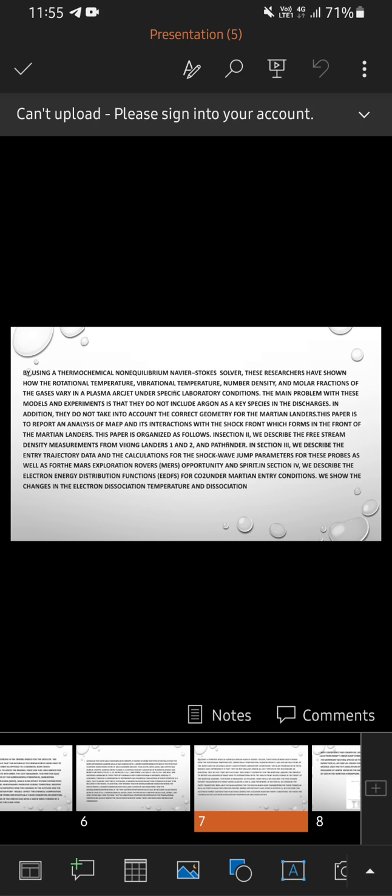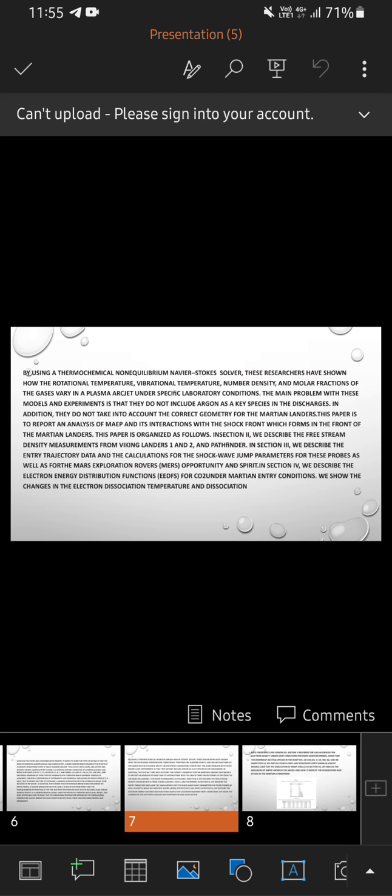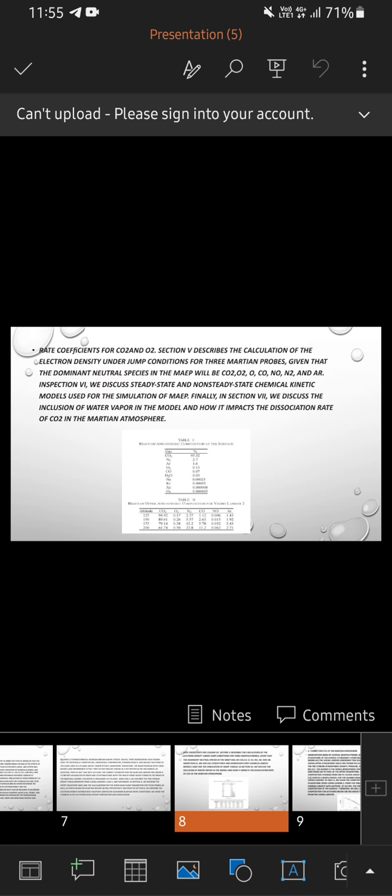In section 4, we describe the electron energy distribution functions, EEDFs, for CO2 under Martian entry conditions. We show the change in the electron dissociation temperature and dissociation rate coefficient for CO2 and O2.